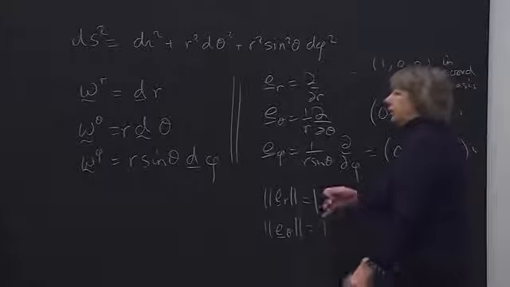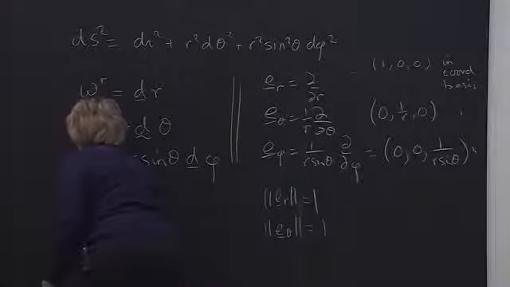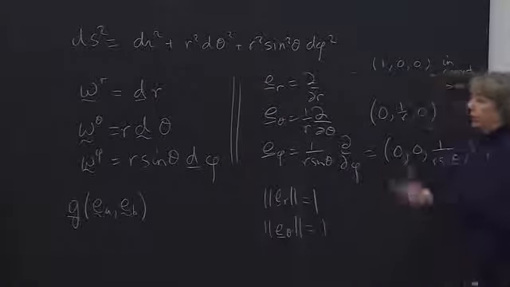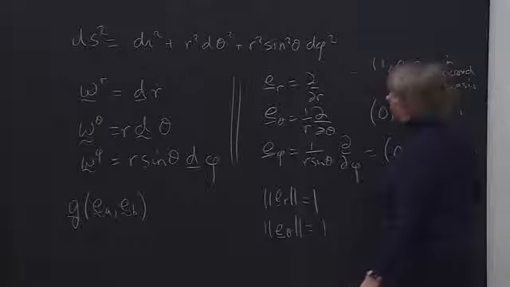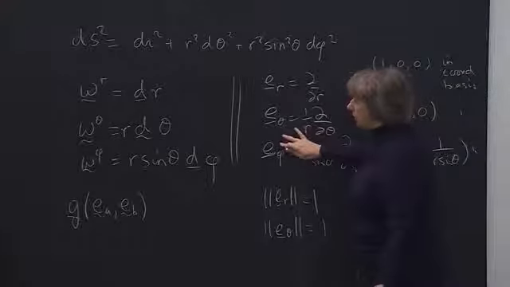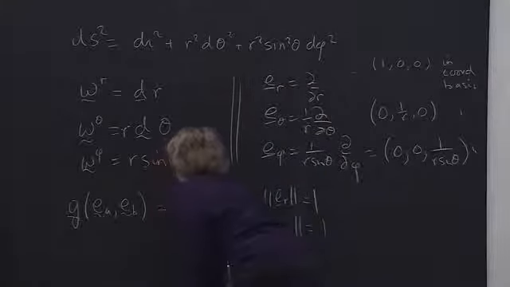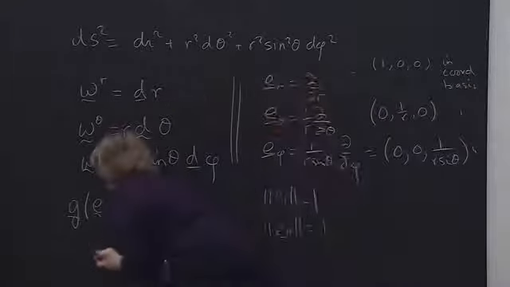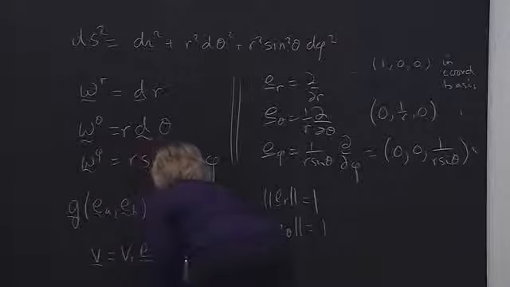So if I now ask what is the rule, the GAB, if I decompose vectors not in the coordinate basis, but write a vector as a combination of E r, E theta, and E phi, and I want to know its length, say I've got a V, which is V r E r plus a V theta E theta.